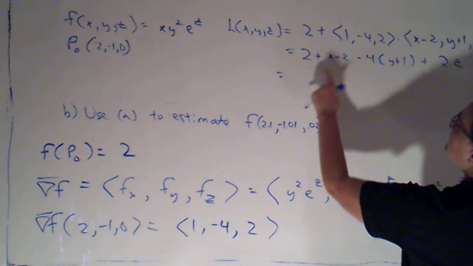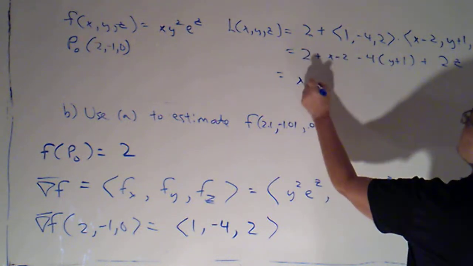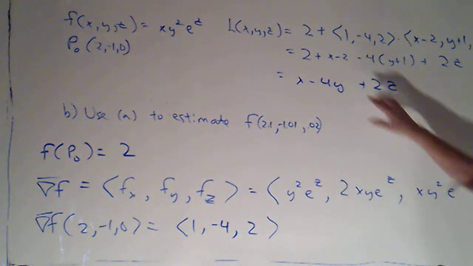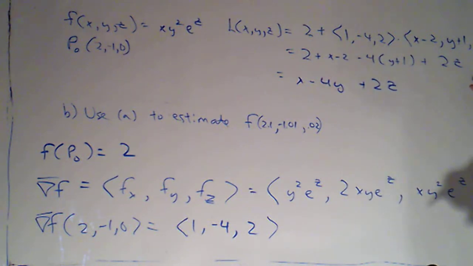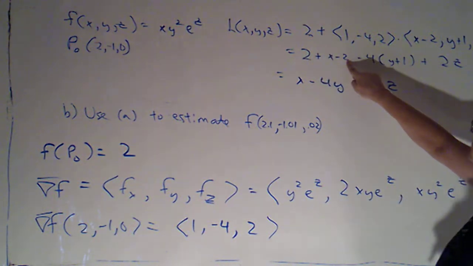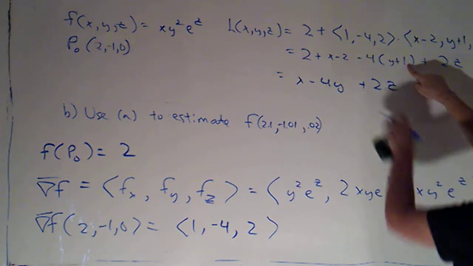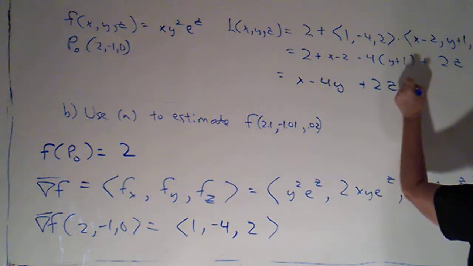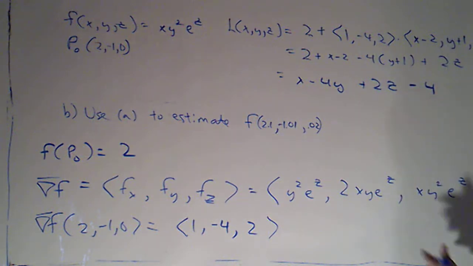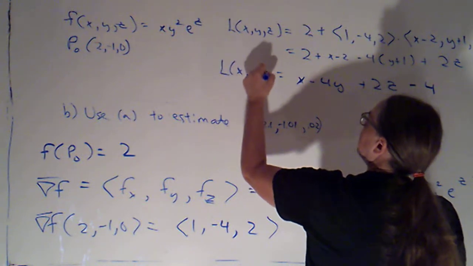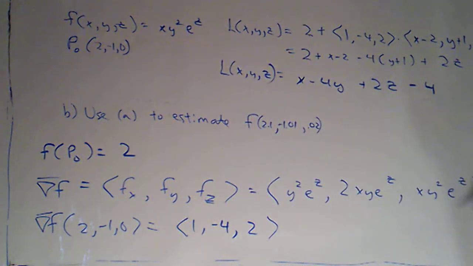So that would be x minus 4y plus 2z, just going through and collecting the variables. And then 2 minus 2, those are going to cancel. And I'll distribute that negative 4. I already got the negative 4y, now I'll get a negative 4. Okay, so that is my local linear approximation.